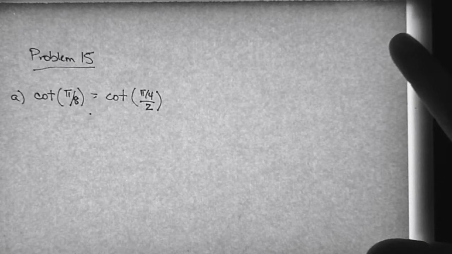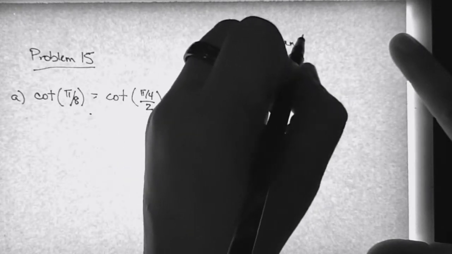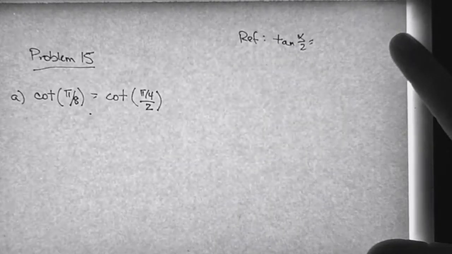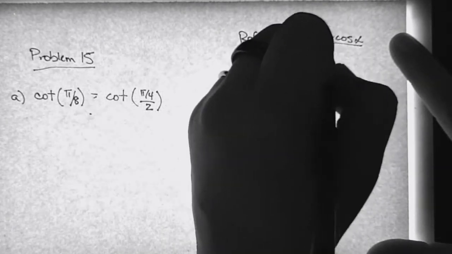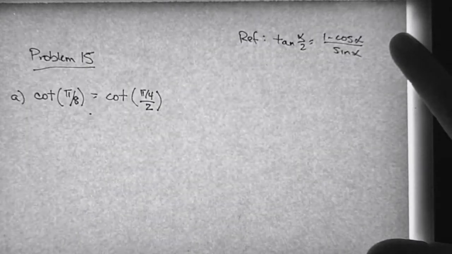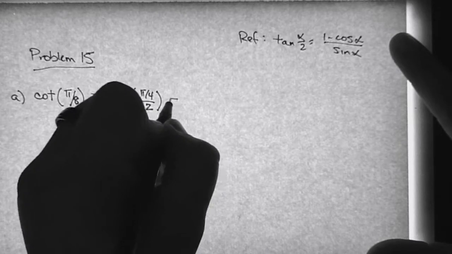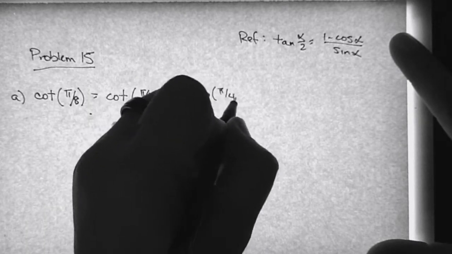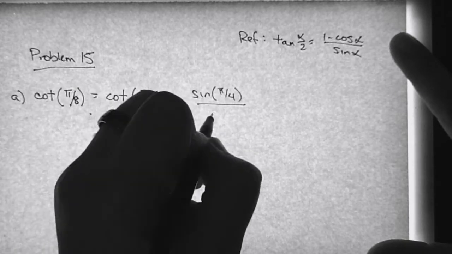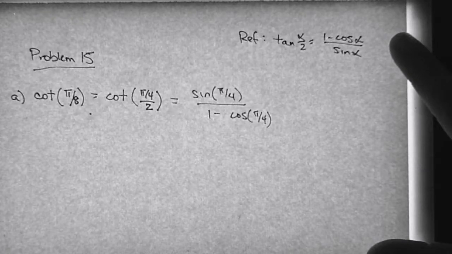So we've got, on the reference, the tangent of alpha over 2 is equal to 1 minus cosine alpha over sine alpha. What that means is cotangent is going to be the flip of that. So this is going to be the sine of pi over 4 over 1 minus the cosine of pi over 4.